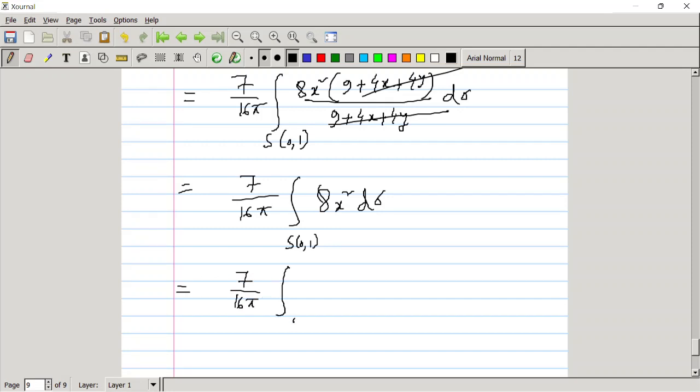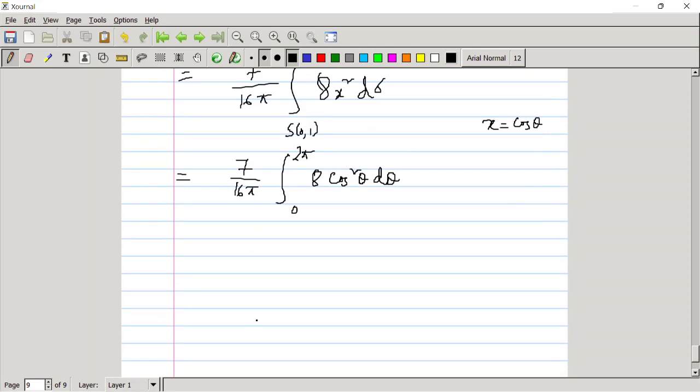So this integral is just, I am putting x equal to cos theta and y equal to sin theta. So on the surface it is 0 to 2 pi 8 cos square theta d theta, right? So this integral is easy. 4 into 2 cos square theta means 1 plus cos 2 theta.